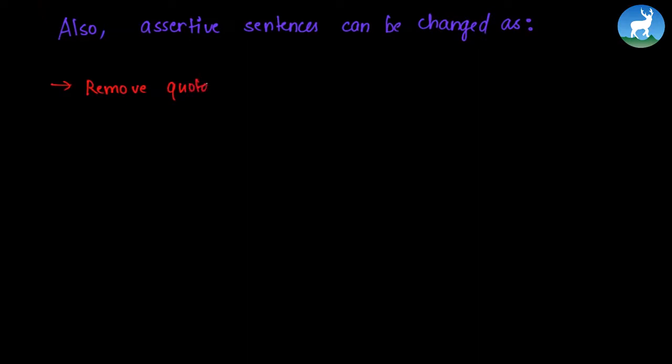Also, we have some rules to change an assertive sentence from direct to indirect form. The rule is, first of all, we remove the quotation marks from the sentence. We then use the conjunction that, and if the reporting verb say is used, we change it to tell, and if the reporting verb said is used, we change it to told.